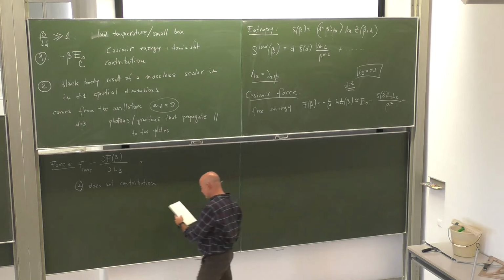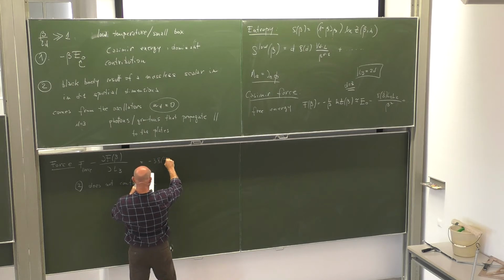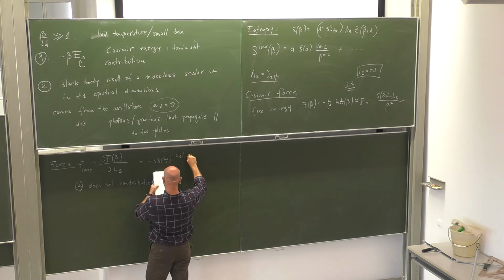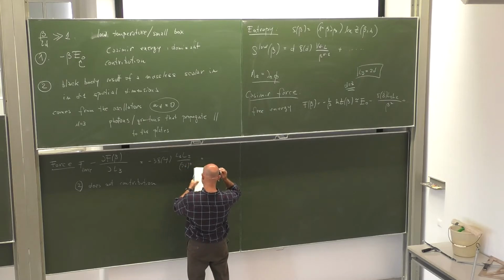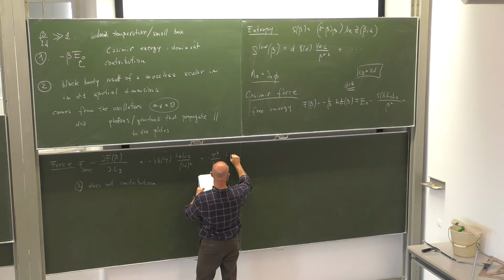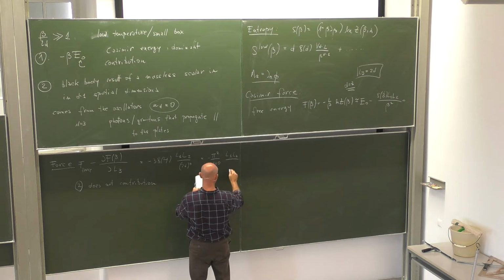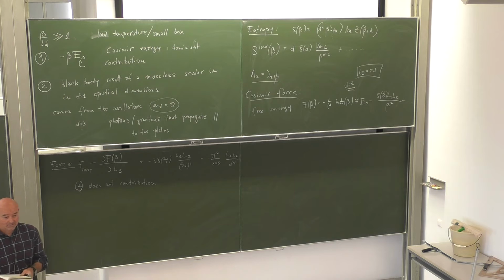When you work it out, you get this famous number, minus 3 over xi 4, L1 L2 over 2d to the power 4, and then you work it out and you get something like minus pi squared over 240. I hope I didn't make a mistake. L1 L2, it's proportional to the area, by the way, over d to the power 4. So that's the Casimir force that you can find in the books on the Casimir effect.